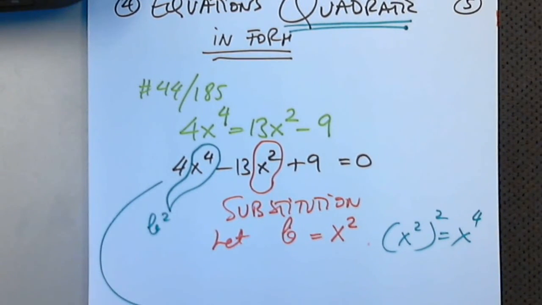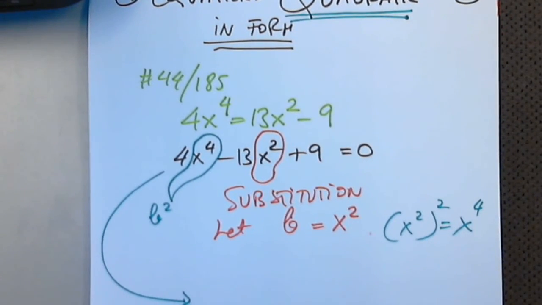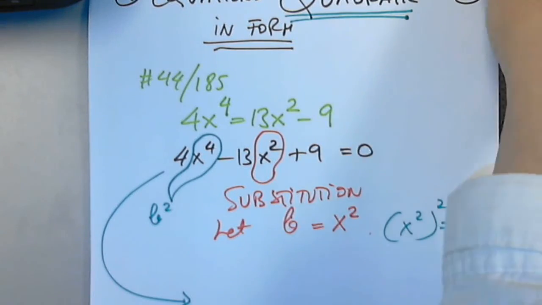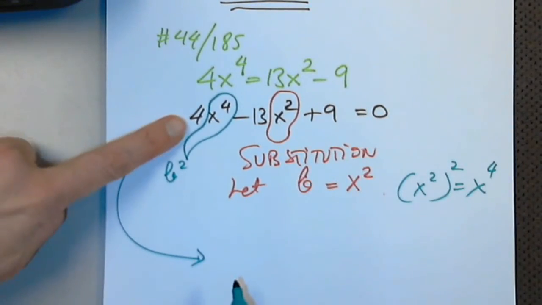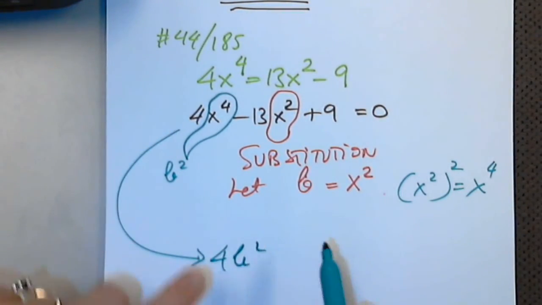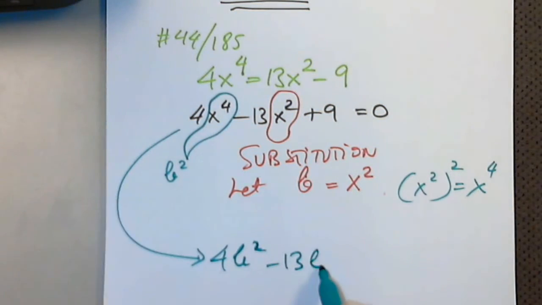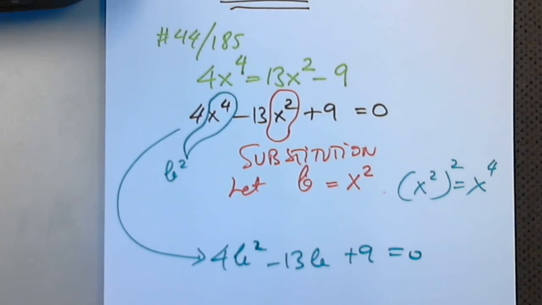So then, can anyone dictate the new equation? b squared minus 13 b plus 9 equals 0. Two options here.